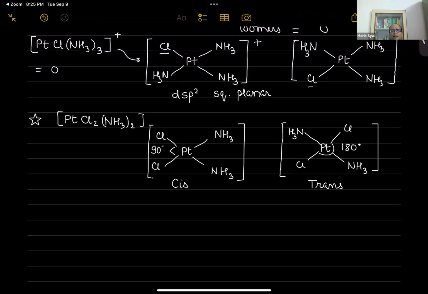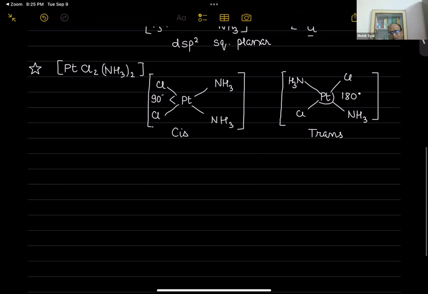How many different types of ligands can you take? Maximum you can take all three or four ligands to be different. Is it clear or not? Yes, sir. Suppose I take platinum and I take all four ligands to be different.